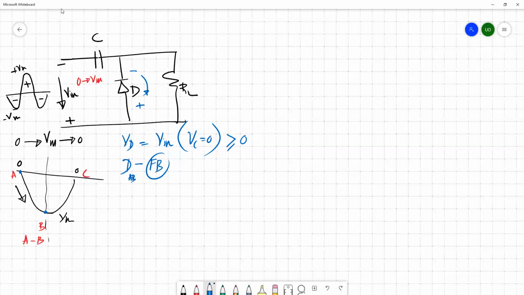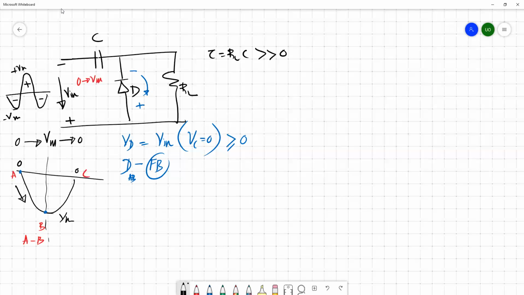If it is forward biased, we can simply replace this diode with a short circuit element. Then, as in the previous case, we can assume that the product of RL and C is pretty much high. So you can't see any charging or discharging process through the load resistor RL.